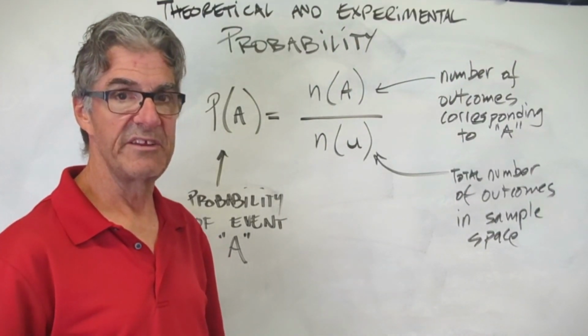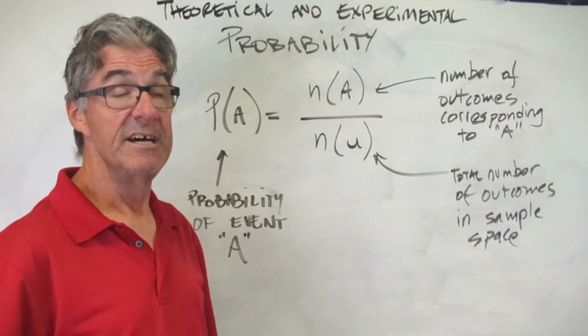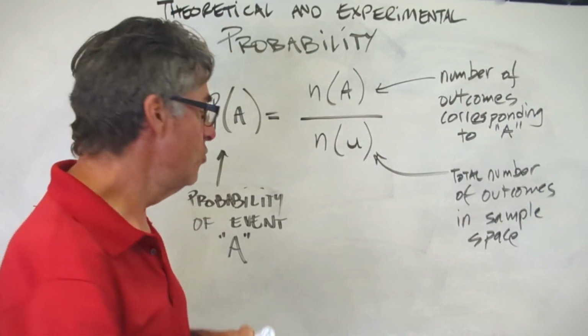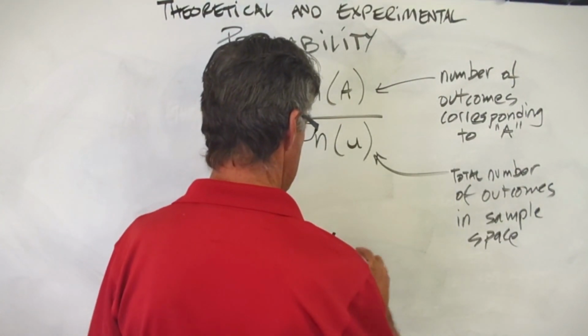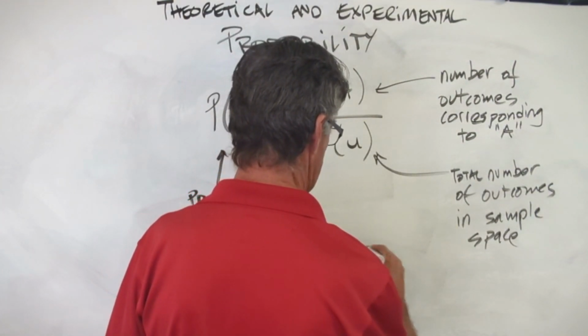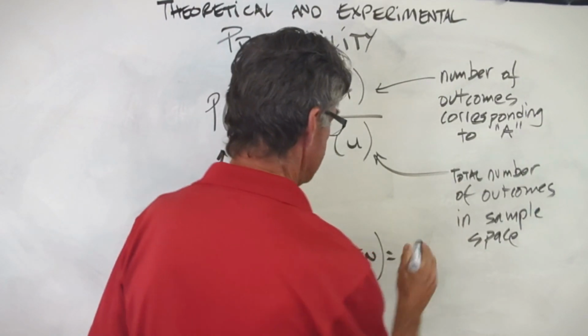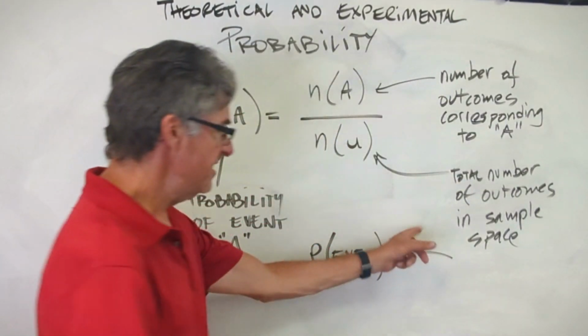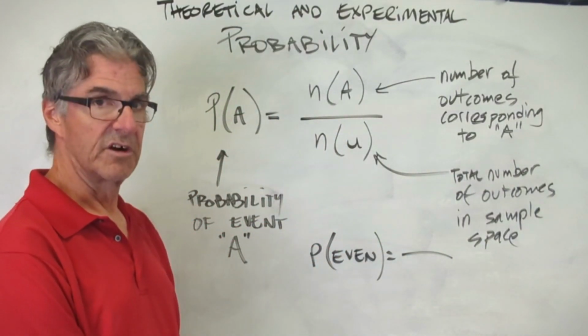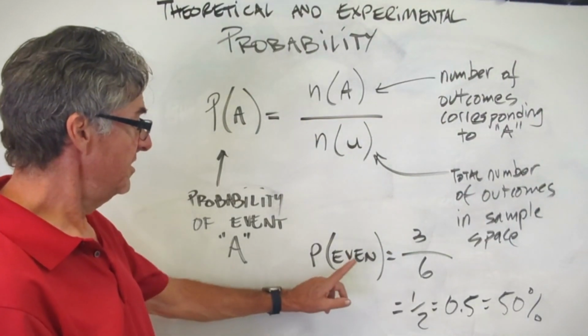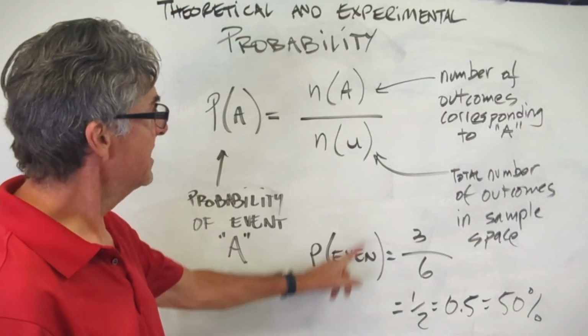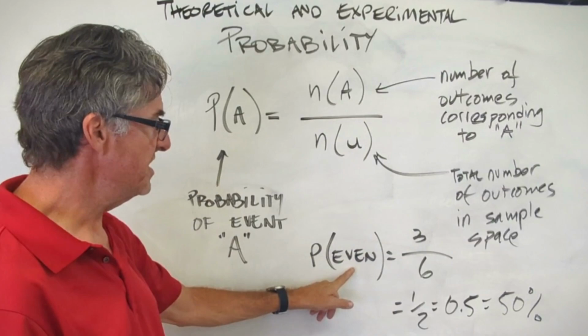Now, let's do an example. Let's say you have a 6-sided die and you want the probability of even. Okay, so go ahead, write your fraction and solve your equation. Okay, so the probability of even is the number of outcomes that correspond to even.